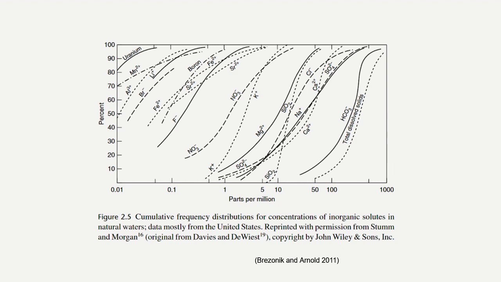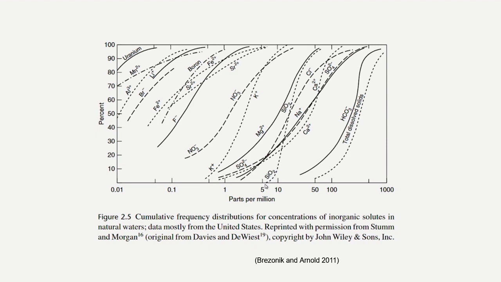And this is a really useful figure because not only does it show what are the most common solutes in water, you can just kind of read across here, you see bicarbonate, calcium, sodium, sulfate, chloride, silica, magnesium, potassium, nitrate are the most common. But you can also see the range that's exhibited. So you can see, for instance, silica has a rather tight range.